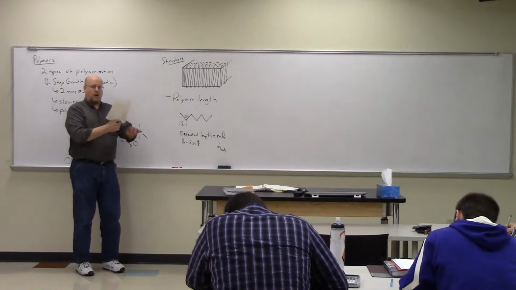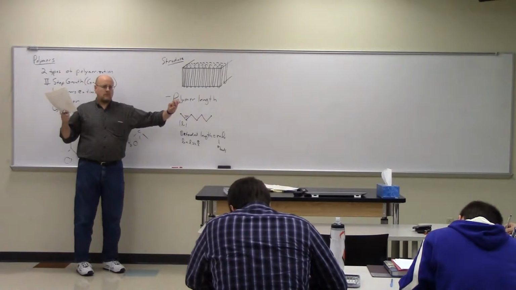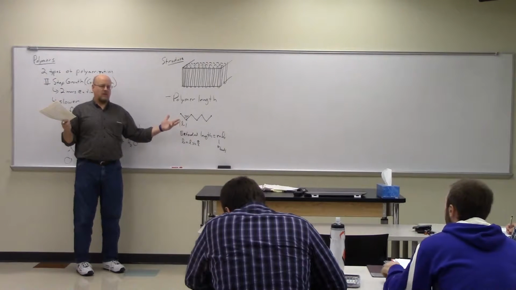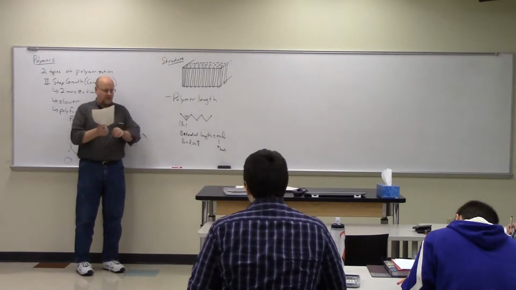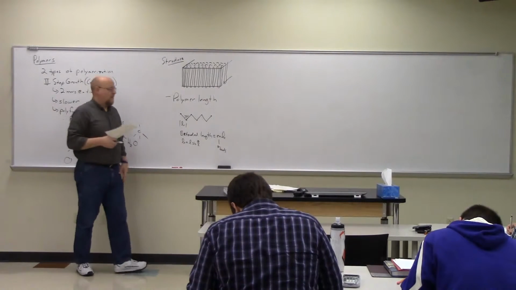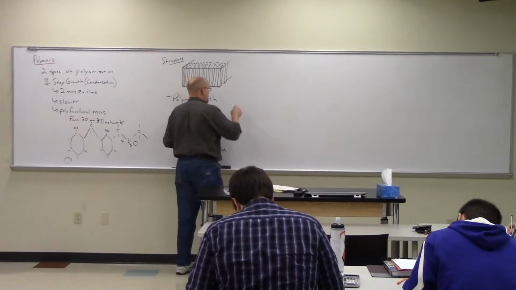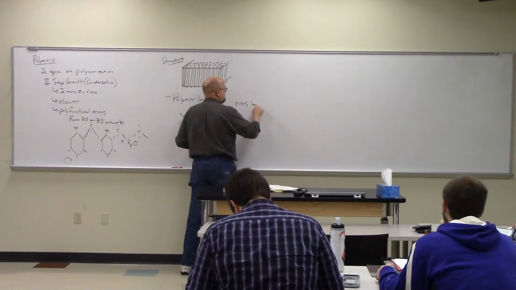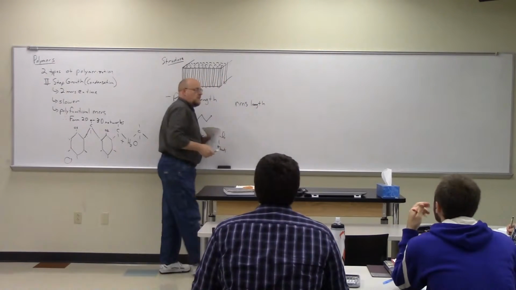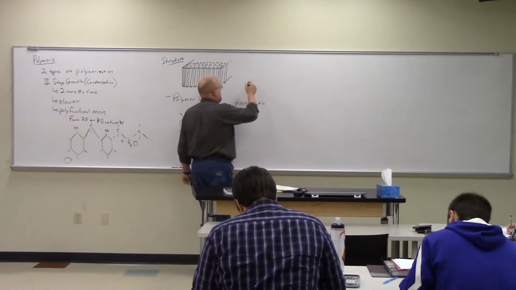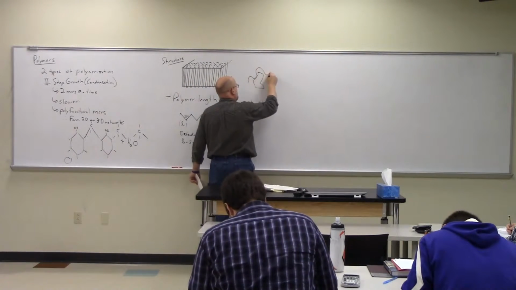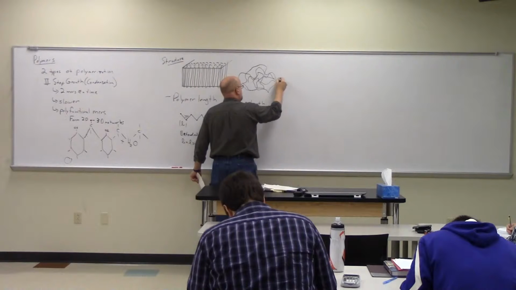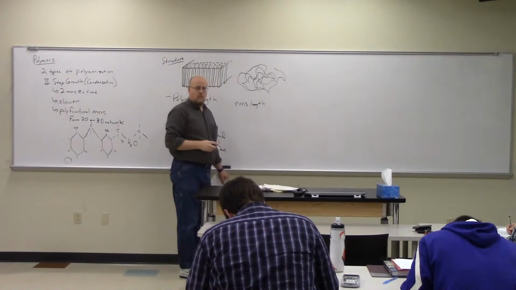So that's the extended length. If I take that polymer and pull it all out into a full long chain, that's as long as I can get that chain. But that is not typically the way polymers exist. If I have a chunk of polymer, it's not typically all the chains lined up in a nice straight line. So what we more likely use to characterize the length is the RMS length. If I zoom out a little bit, this chain can be this big long random thing.